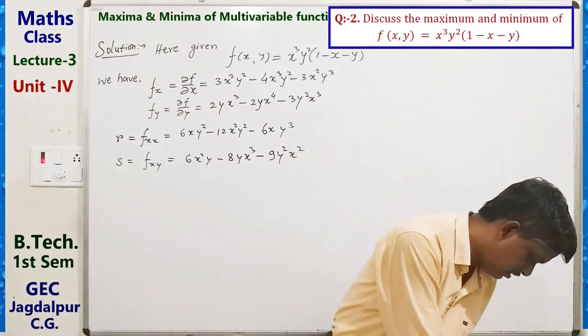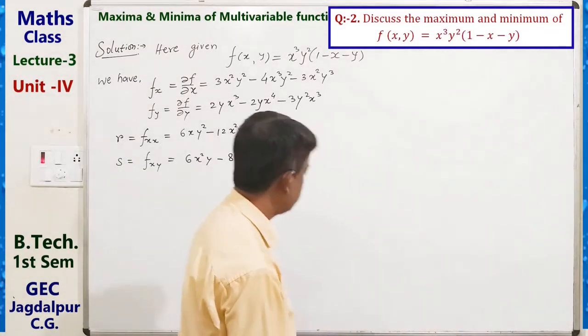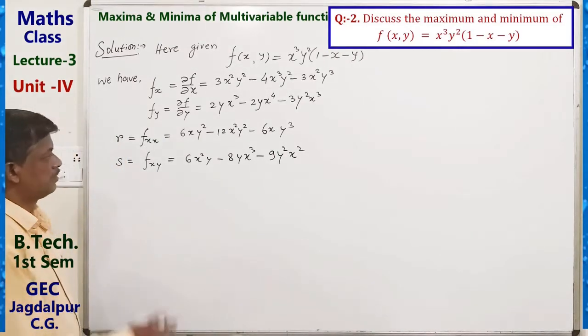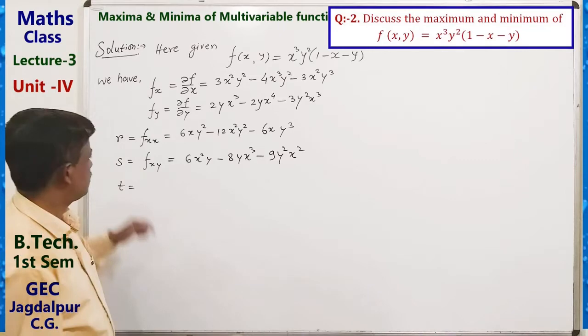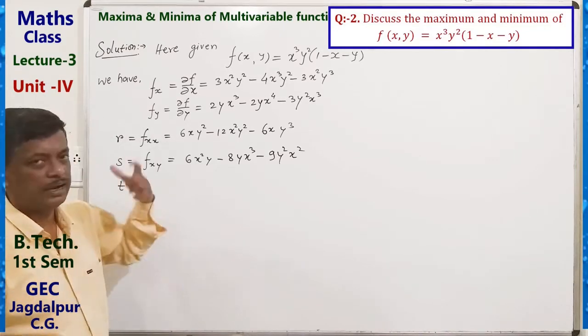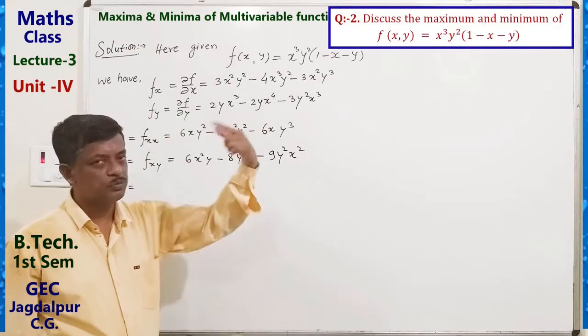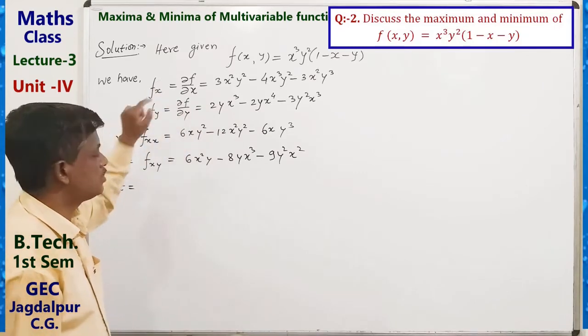Okay, and t, because our main thing is what? Finding r, s, t at a stationary point. A stationary point will be given by fx equal to 0, fy equal to 0.